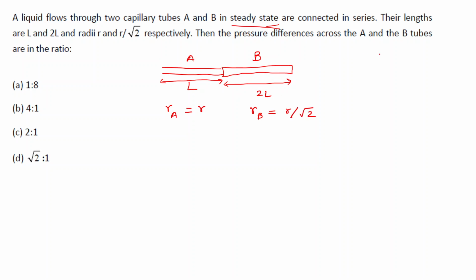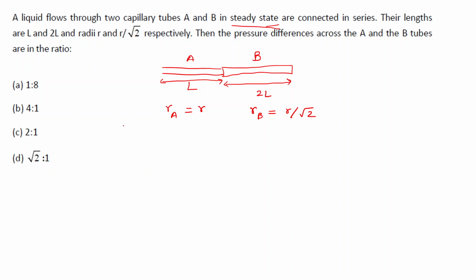Then the pressure difference across the A and B tubes are in the ratio? So the tubes are connected in series. That means the volume of liquid flowing through tube A per unit second will be the same as the liquid flowing through B. Anyway, we are saying it's steady state, meaning the velocity at any particular point is the same, I mean the total force acting on the liquid will be 0.